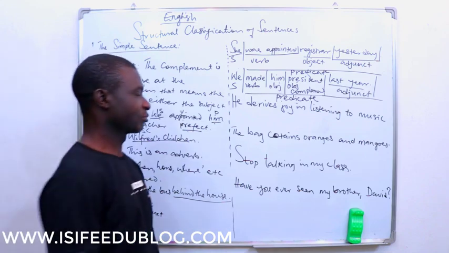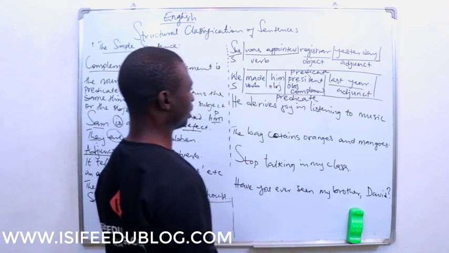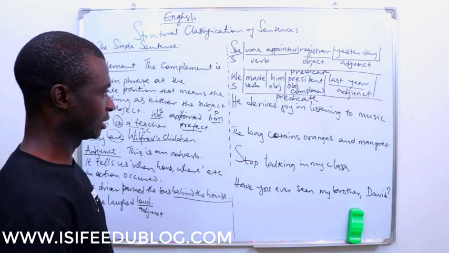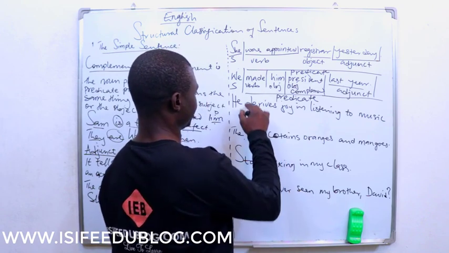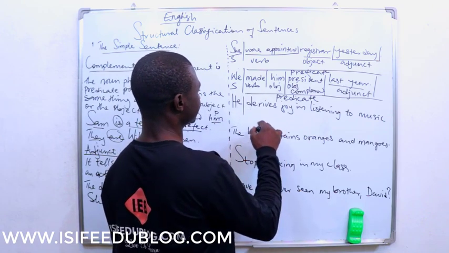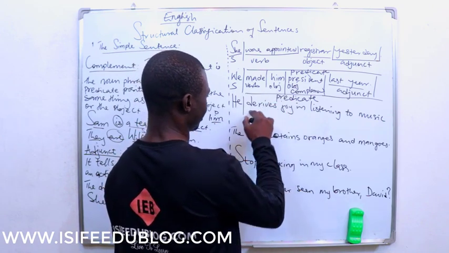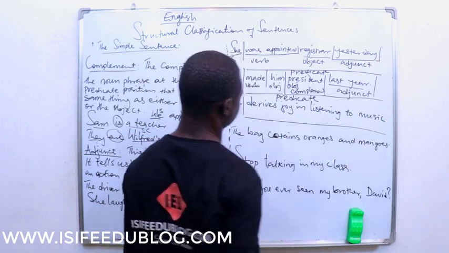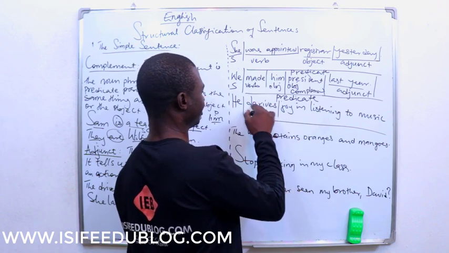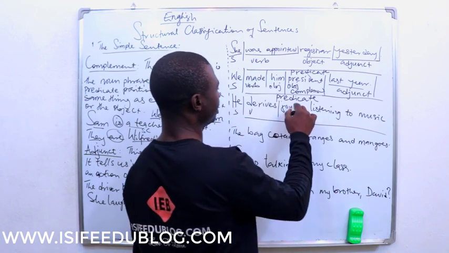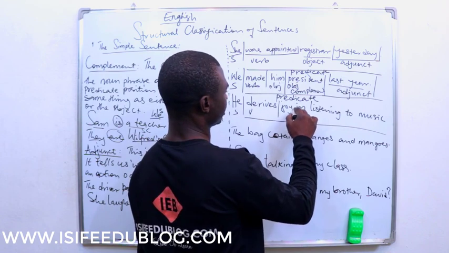You know, always. He derives joy in listening to music. So he, subject, derives, of course from this point you have the predicate as usual. Derives is verb. Joy is what?